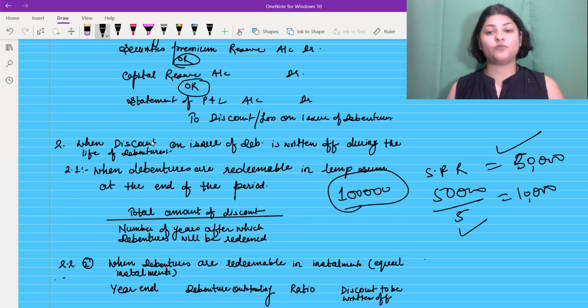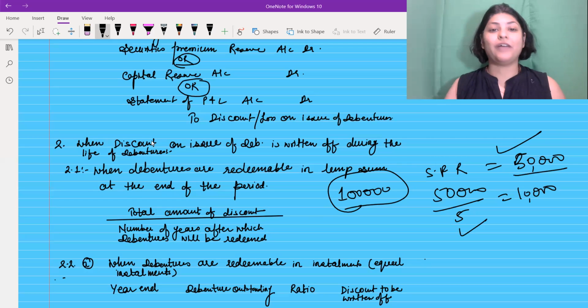So in such case, in the year of issue itself, you are going to utilize the whole amount, which is 50,000 rupees. You are not going to spread it over 5 years, but the remaining 50,000 rupees, which you have to take from statement of profit and loss, you will divide by 5, which is the life of debenture, and 10,000 rupees for the next 5 years you will take from statement of profit and loss, and you will keep on passing this every year.